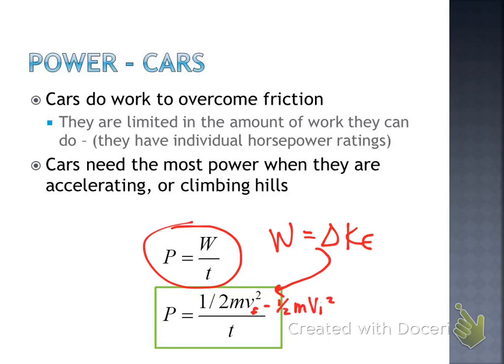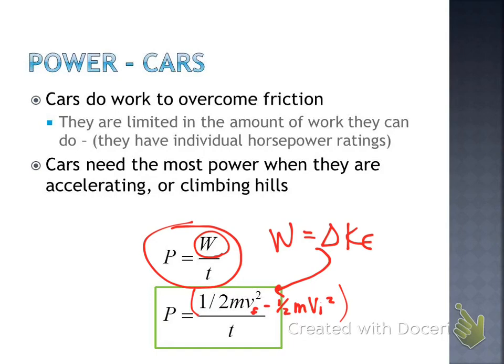It still could be a change in kinetic energy in which you would use final minus initial. But if there's just one velocity given, we would just use 1/2 mv squared. Does that kind of make sense or not so much? Okay, it still is a change in kinetic energy. So if you've got two velocities, if it wants to know the power it takes to go from 10 meters per second to 40 meters per second, we still have to do final kinetic energy minus initial to give us the work.